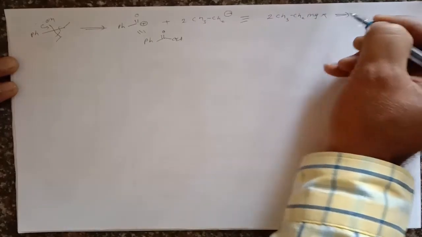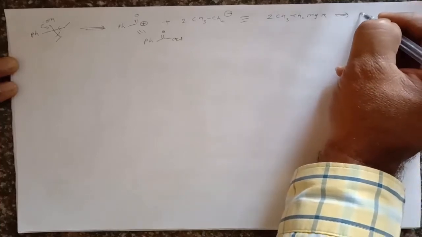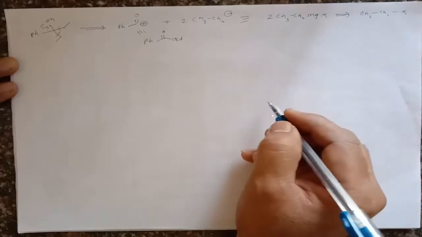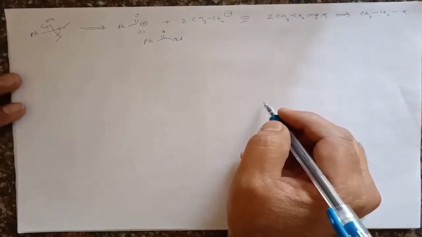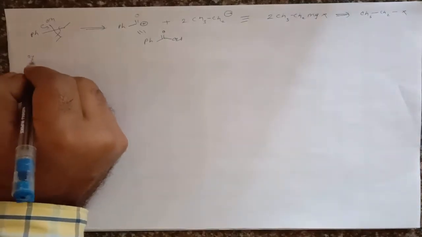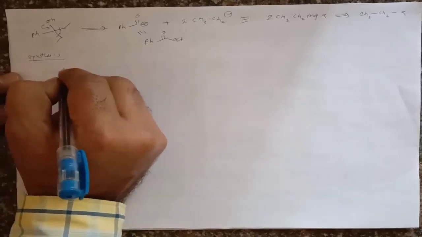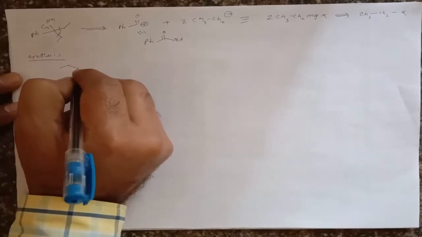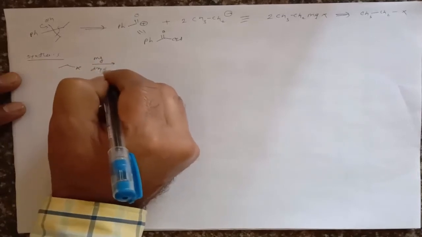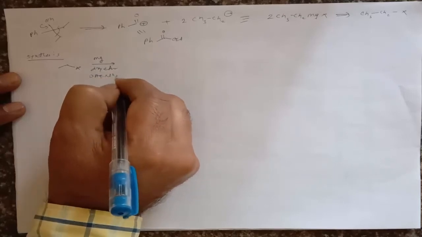How can we prepare this molecule? We can prepare it from CH3CH2X. So in the synthesis we take CH3CH2X, and into that we add magnesium in the presence of dry ether.